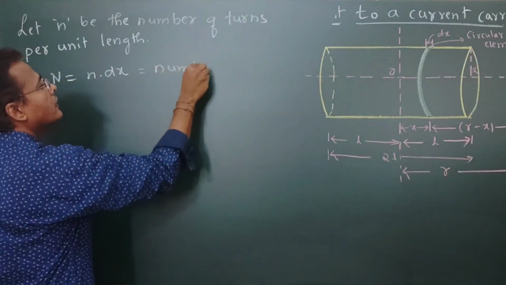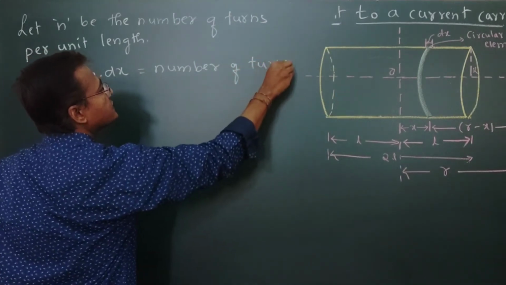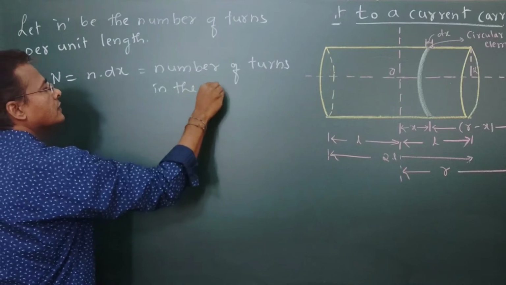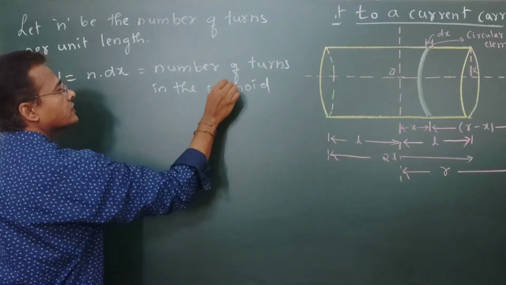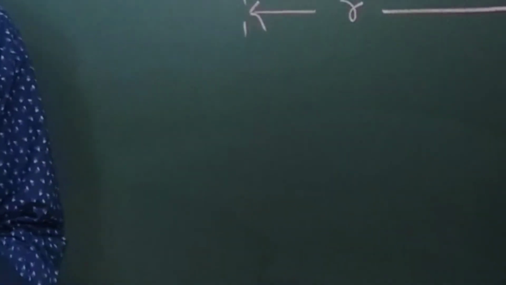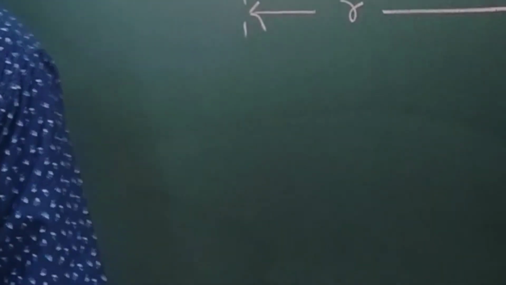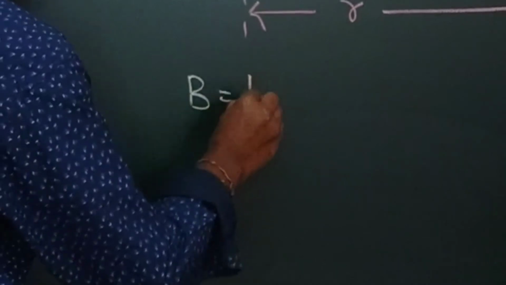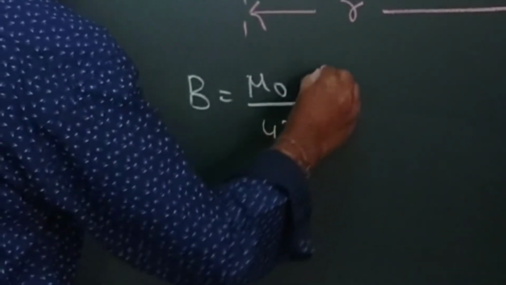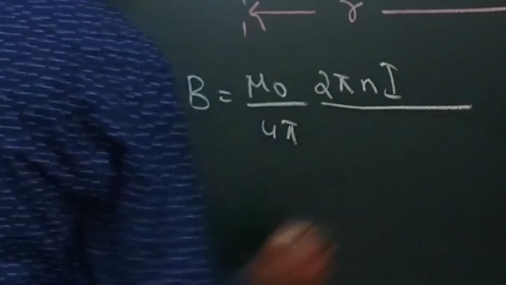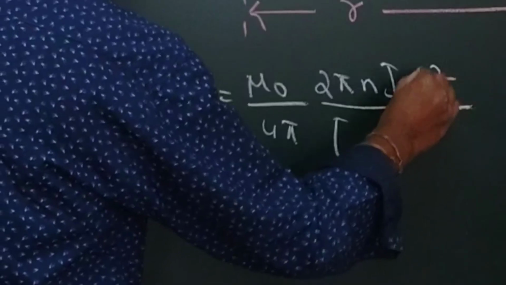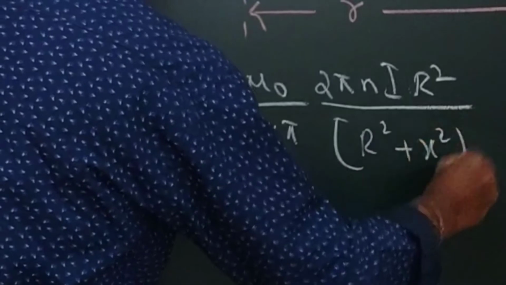If we think of one turn, the magnetic field due to a circular coil of n turns on the axis at a distance x from the center of the coil is given by the formula B equals mu naught by 4 pi, 2 pi n I r square, divided by r square plus x square to the power of 3 by 2.